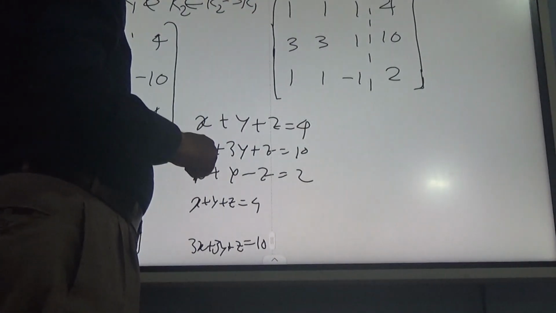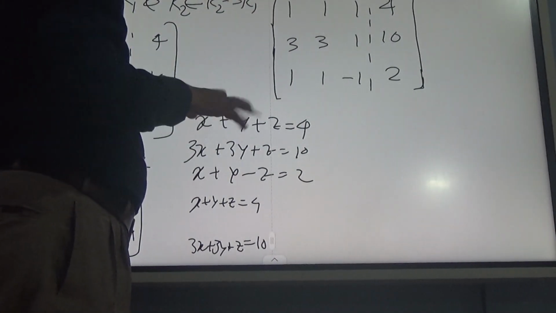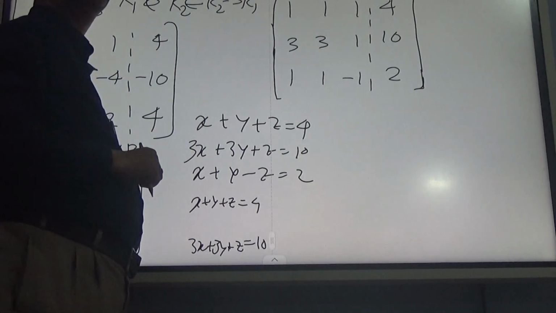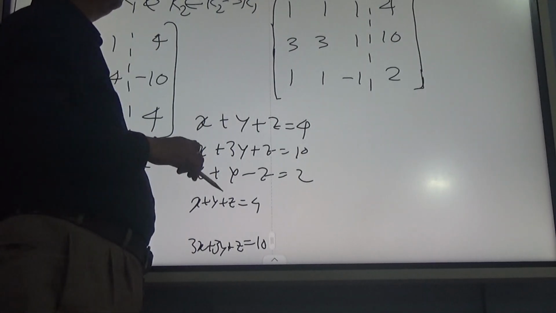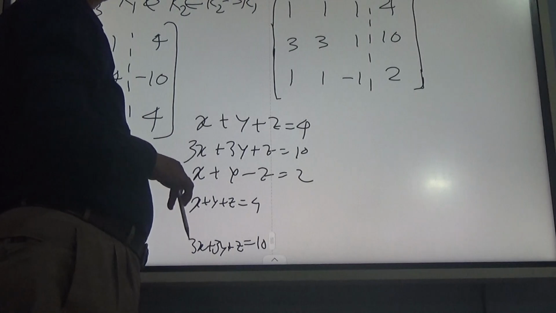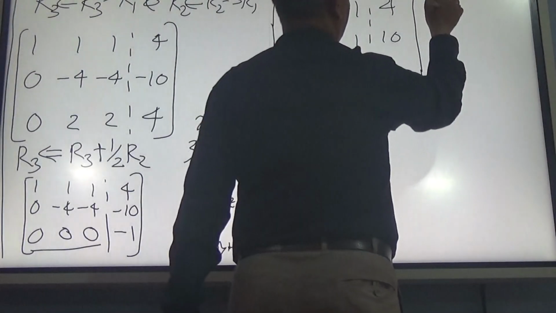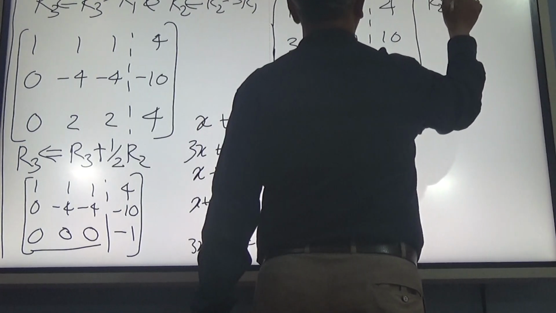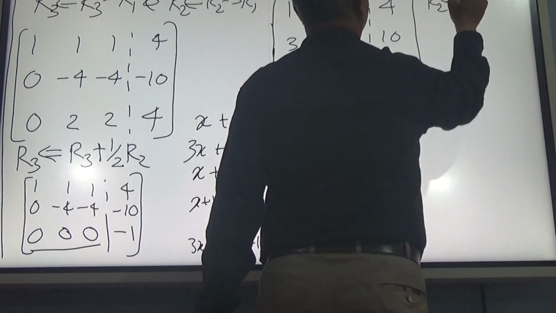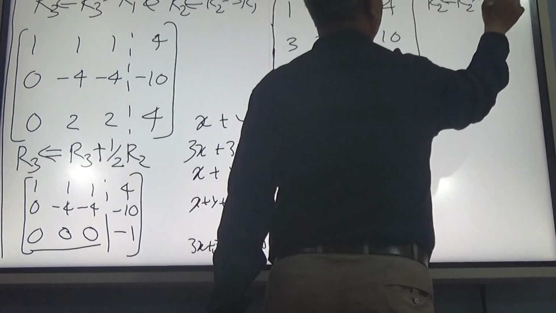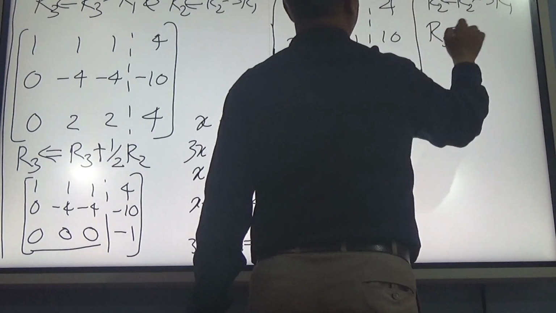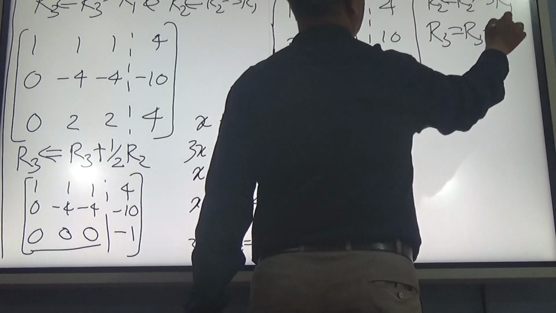What will happen now? How can I try to reduce it? R2 equal to R2 minus 3R1, R3 equal to R3 minus R1.